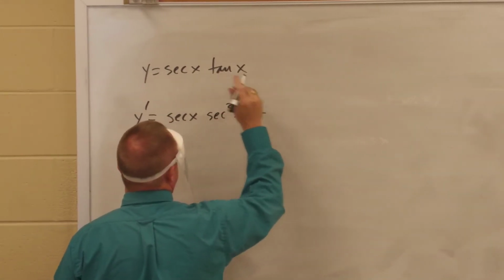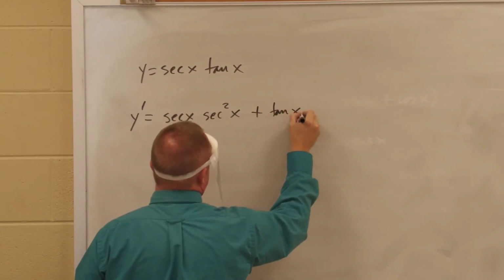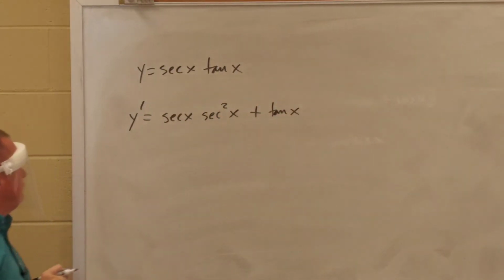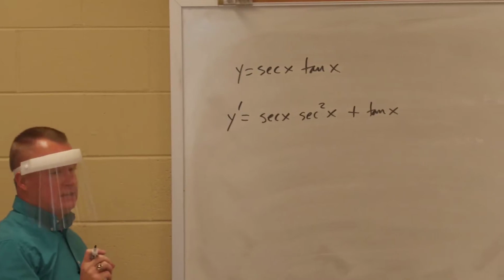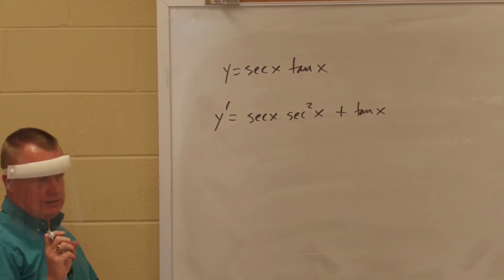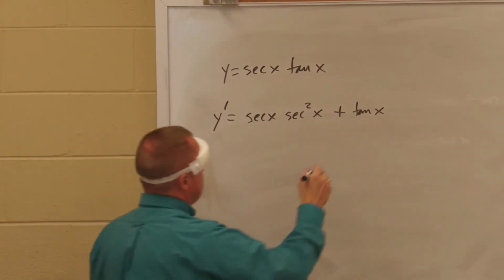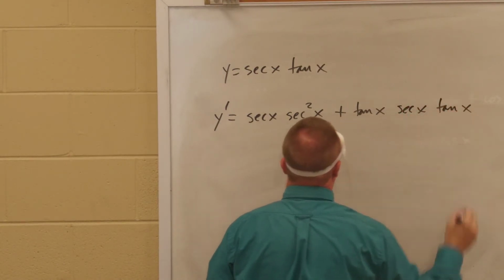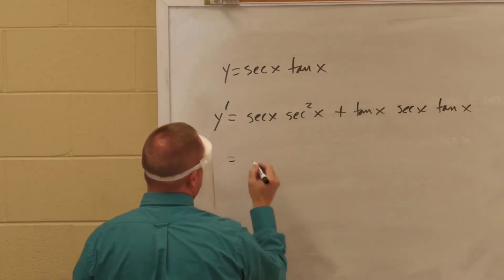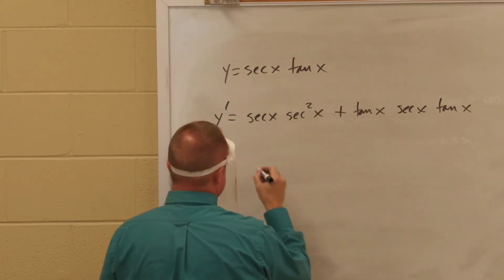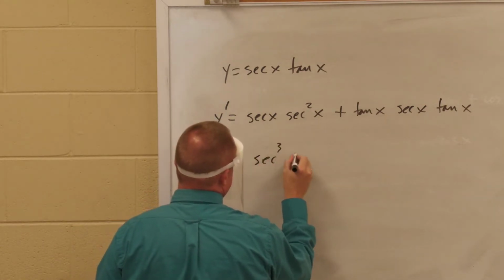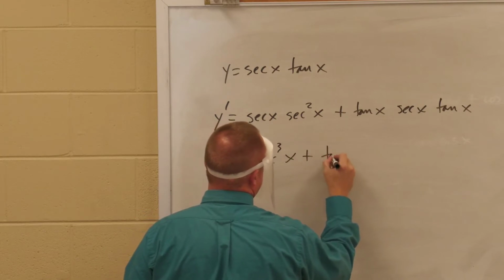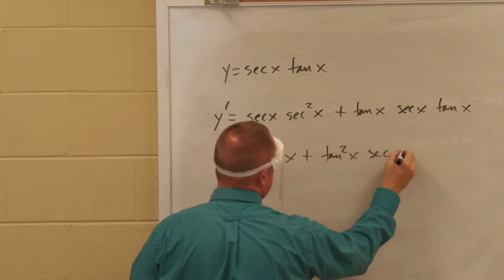Plus the second, which is tangent, times the derivative of the first. What's the derivative of secant? Secant times tangent. So that will give me secant cubed x plus tangent squared x secant x.